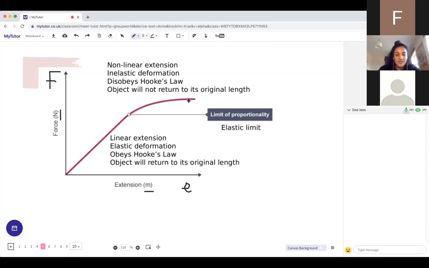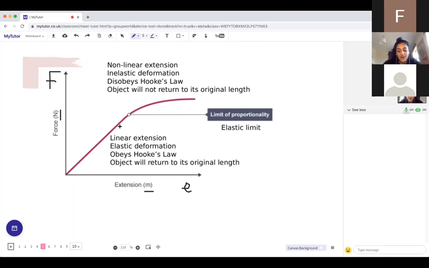First of all, let's talk about the straight line section. The straight line section shows that force is directly proportional to extension. So if the graph is a straight line, then force is directly proportional to extension and it obeys Hooke's law.